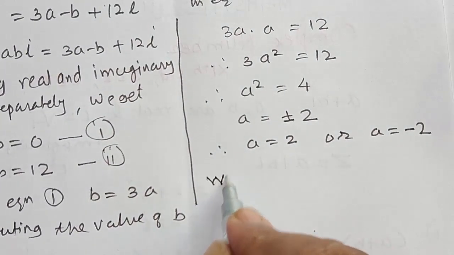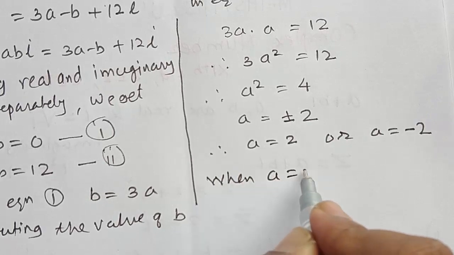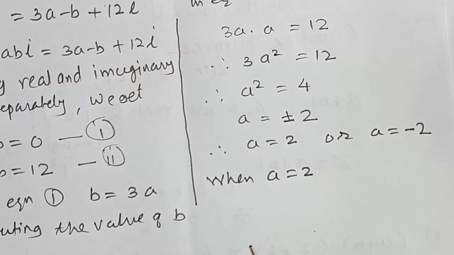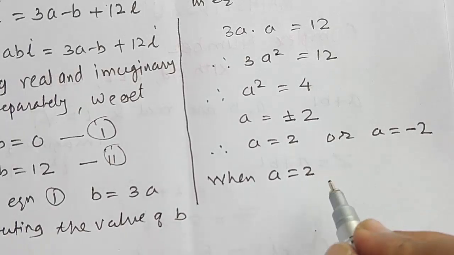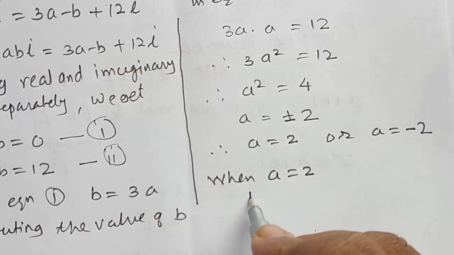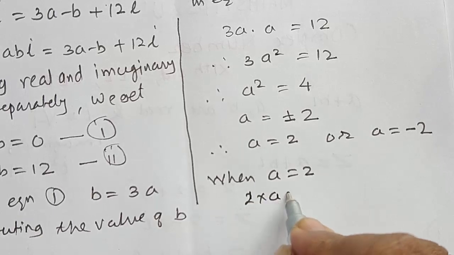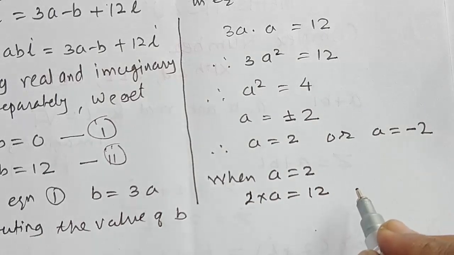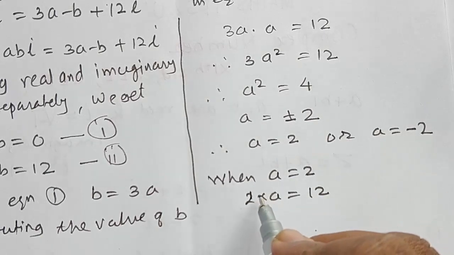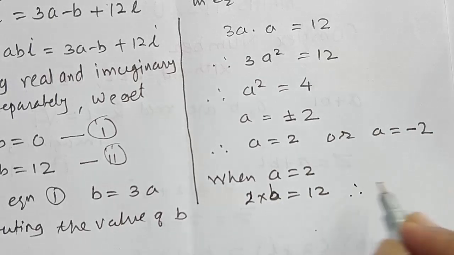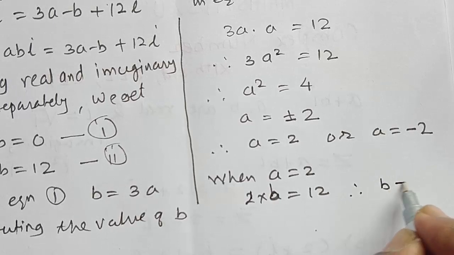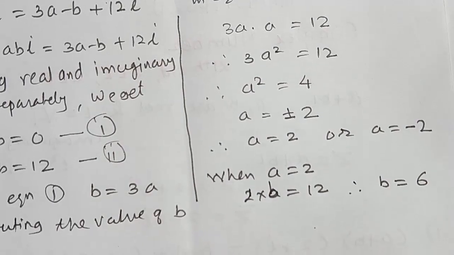When a is equal to 2, then 3 into a is equal to 12, 2 into b is equal to 12, therefore, b is equal to 6.